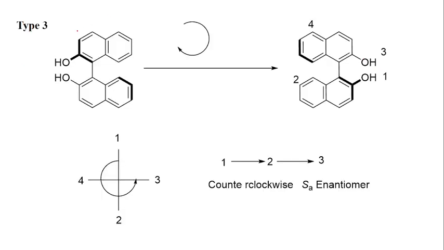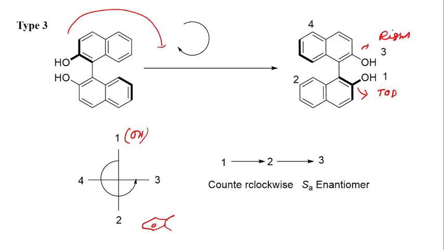As simpler, just rotate it to the downside. Now it is on the downside. Top priority is 1 for OH. This is a benzene kind of thing. Second priority. Third priority is again OH. And look, this is on the right side.